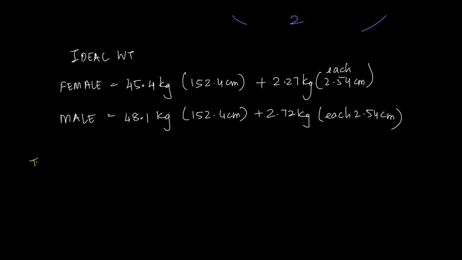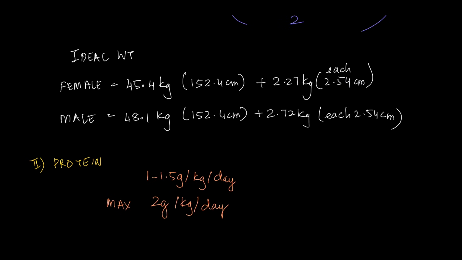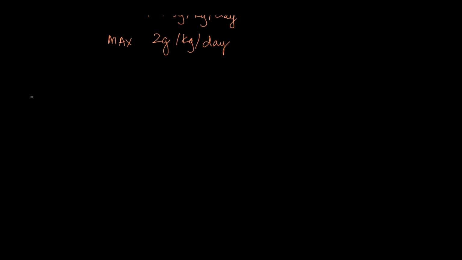Next, moving on to the protein. So there are no strict guidelines for the protein requirements. However, a safe initial starting point can be 1 to 1.5 grams per kg per day, with a maximum of 2 grams per kg per day. Next, moving on to carbs.